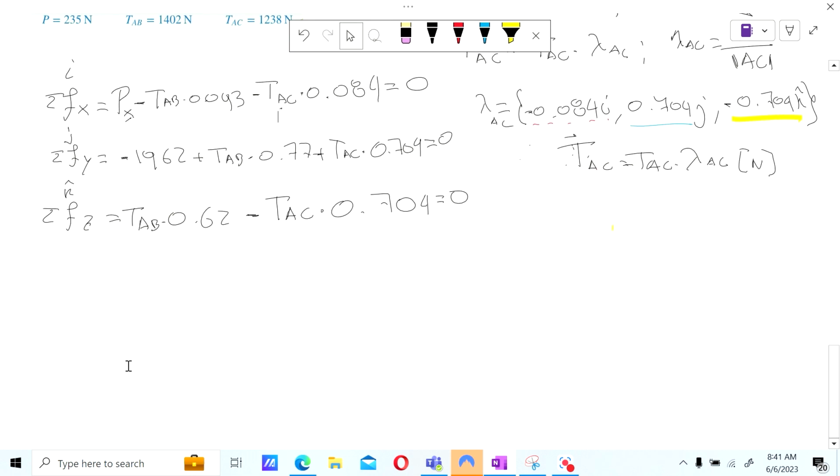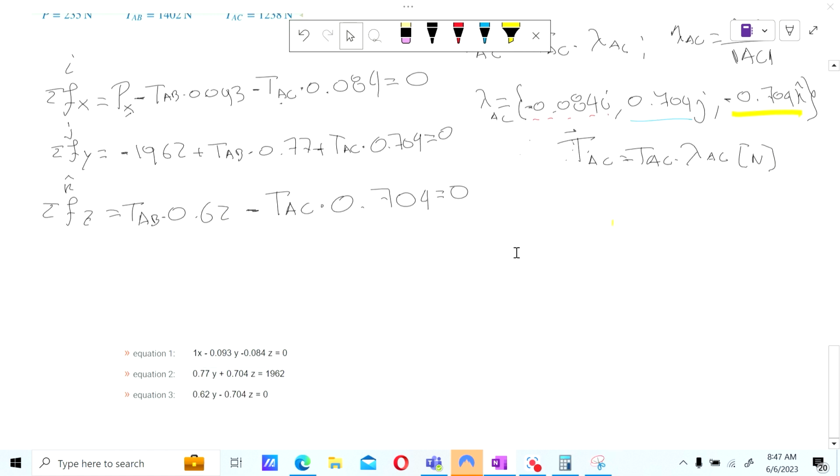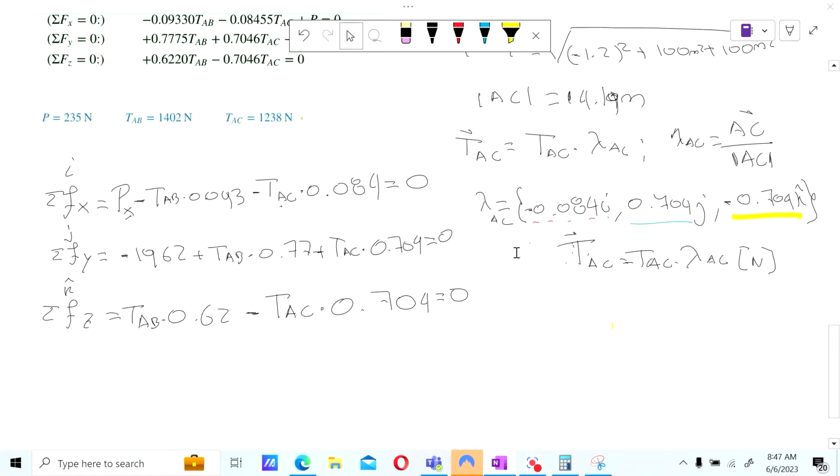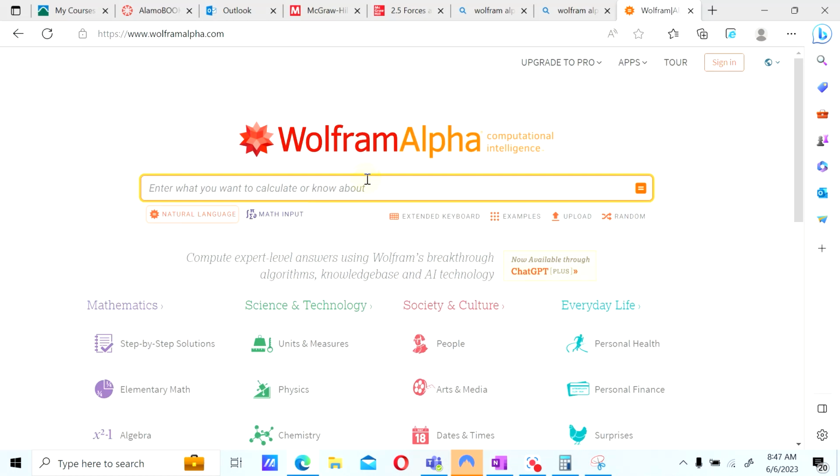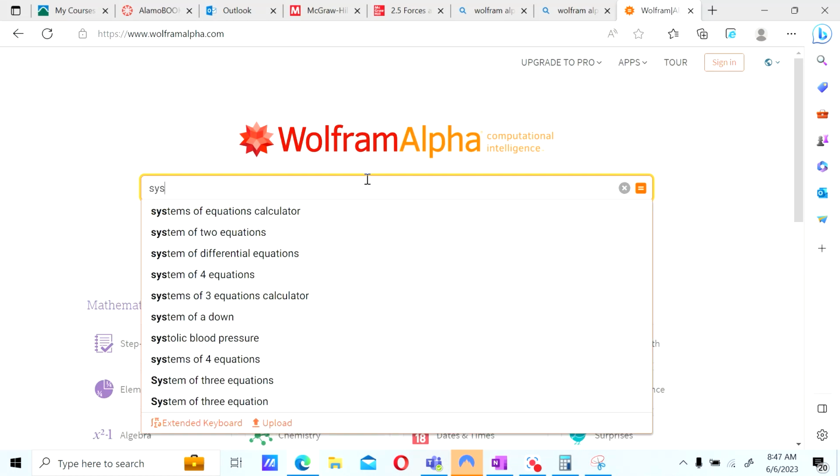The way to solve those equations is with a calculator or with a system of equations online. So let's get that done. You can either try to do it by hand, which will take a long time, or we can go to Wolfram Alpha and do system of equations.